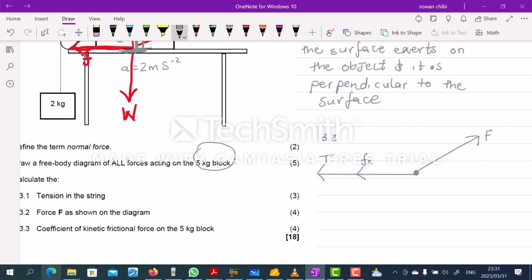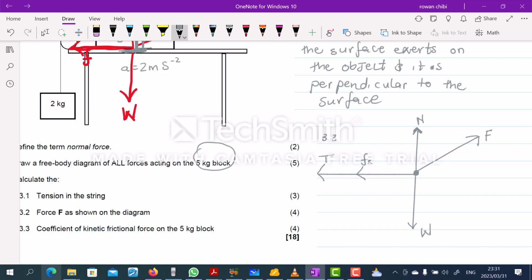Then you have another going down, which is the weight, and another going up, which is your normal force.